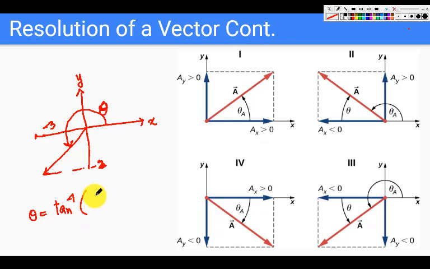we can say that theta is equal to tangent inverse of the y component of the vector. So I just call it vy, magnitude of vy divided by the magnitude of vx.